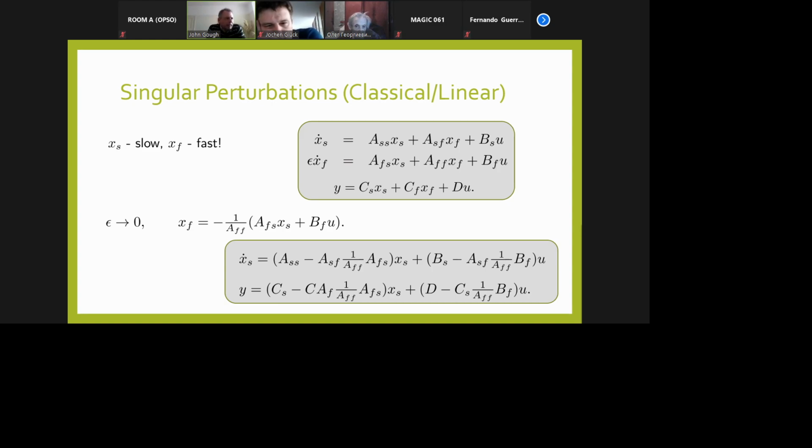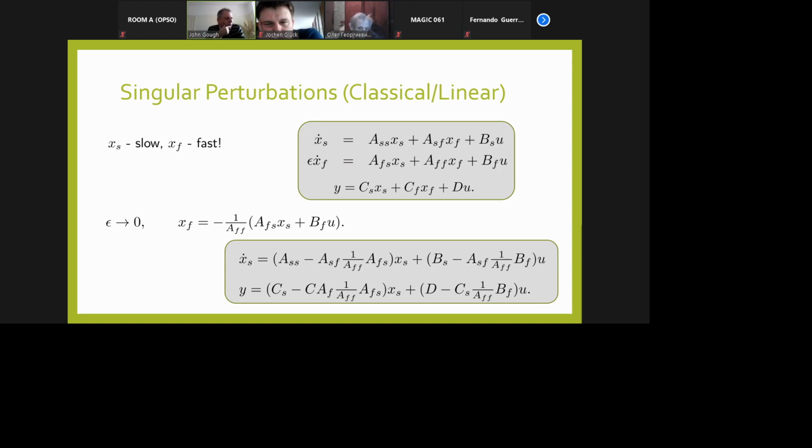What's happening is that the fast degrees of freedom are effectively evolving very fast, but they're decaying to an equilibrium state, so that in the epsilon goes to 0 limit, they've already relaxed down to the equilibrium state. And again, this is a very old and well-established theory.